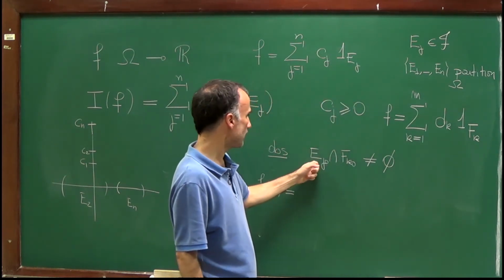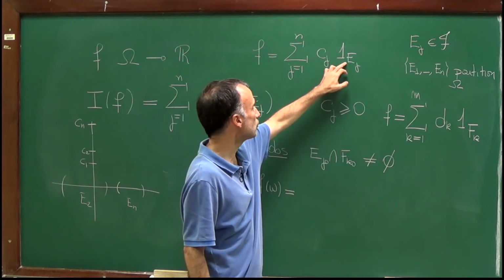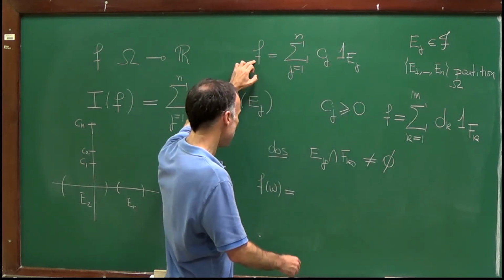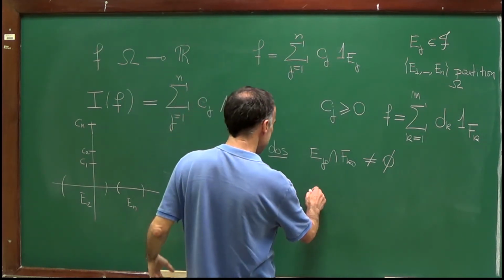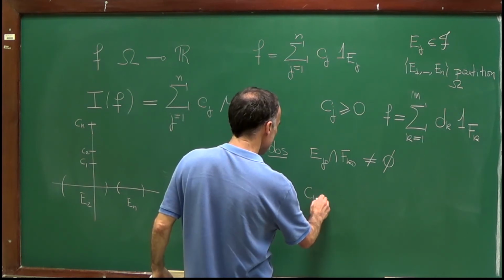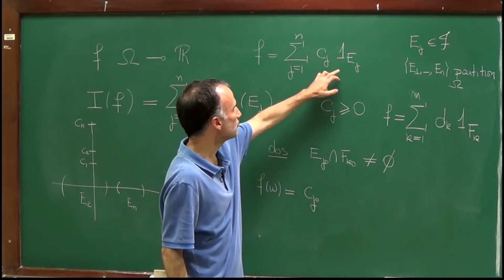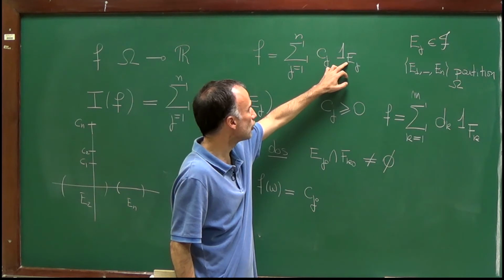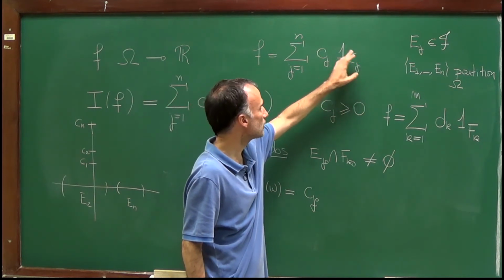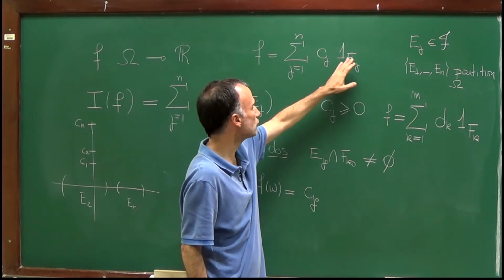And at j0, this is equal to 1. So f of omega, from this formula, is equal to cj0, because the indicator of Ej0 at omega is 1, while for all the other ones it's 0.